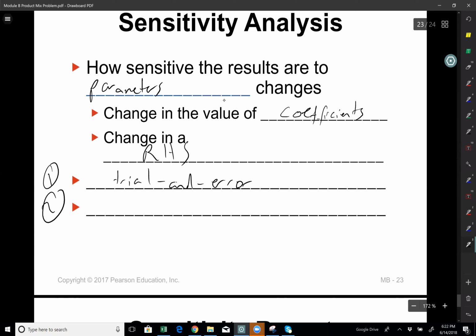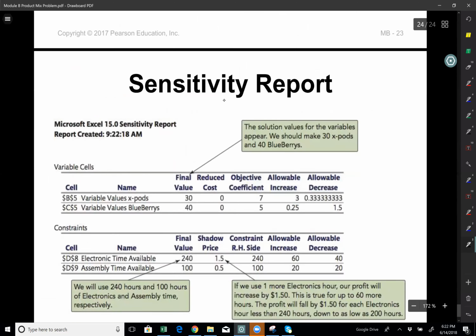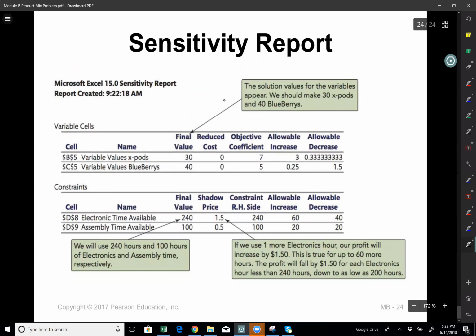So basically, I can try to change the parameters, I have 8 in this case, and see whether my results will change and report that. But a smarter way to do this is called the analytic post-optimality method, right? So let's take a look at it. So this is the analytic post-optimality method.